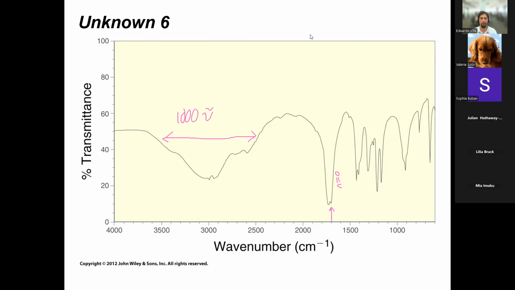What is a functional group that has a carbonyl and something that gives a very wide signal? OH, exactly. So we have an OH signal.